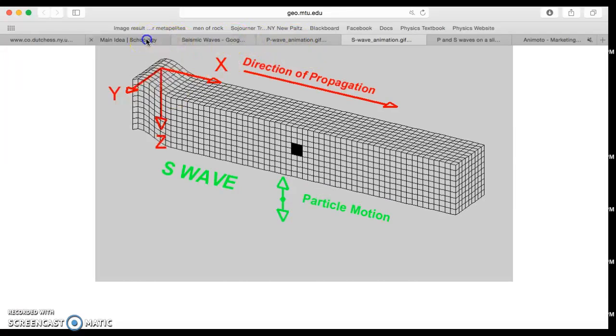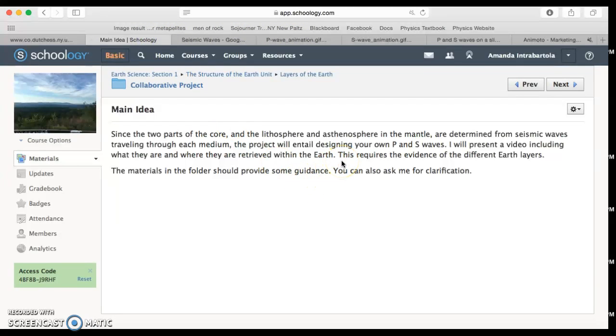So for your collaborative project, I'm going to have you put together an experiment. I will give you the guidelines written on the Schoology site. So basically, I would like you to use an app that we went over.